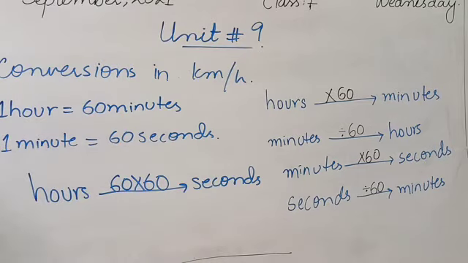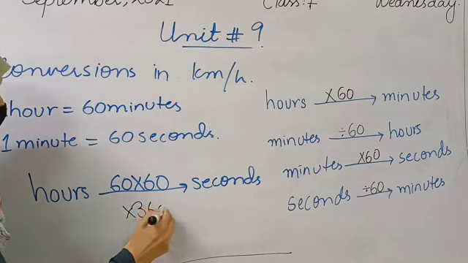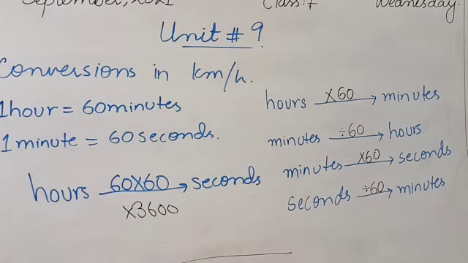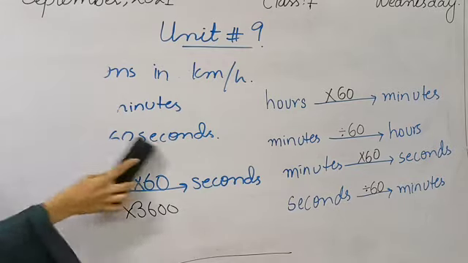So if we want to go from hours to seconds, we will multiply by 3600. Okay? So these are the conversions for time. Now keep these conversions in your mind and let's start our today's lesson, which is about conversions.